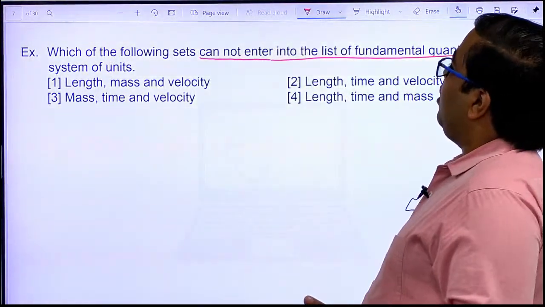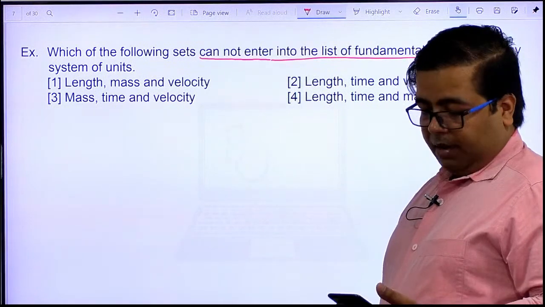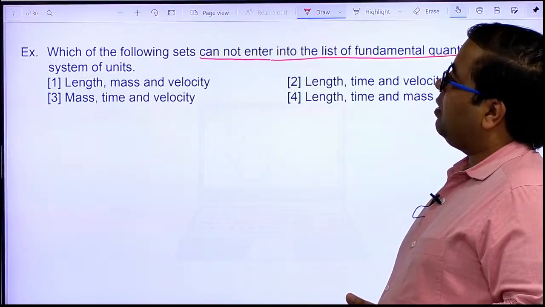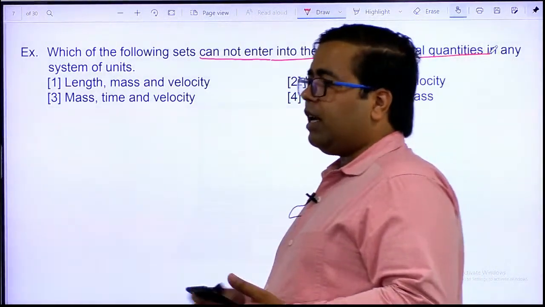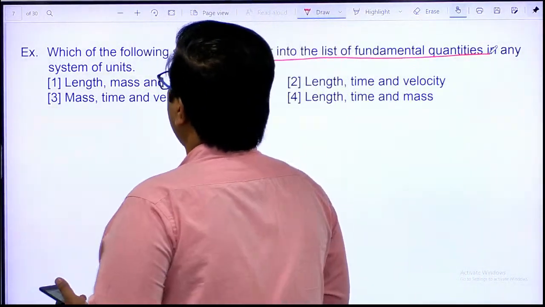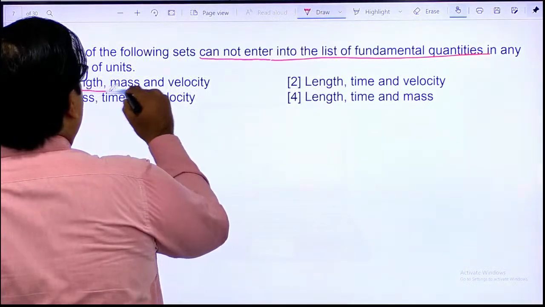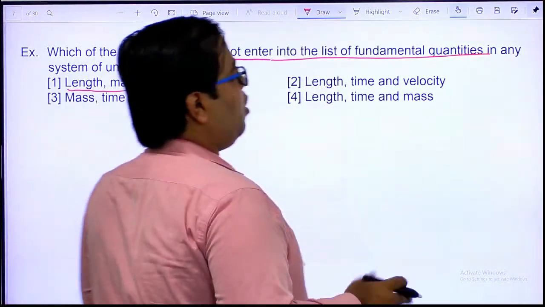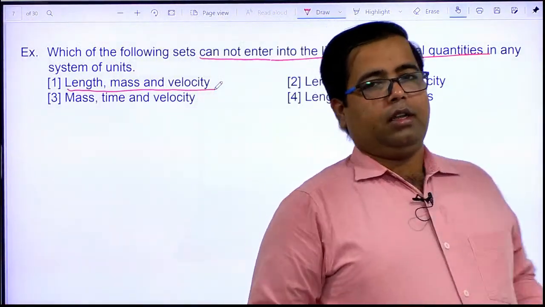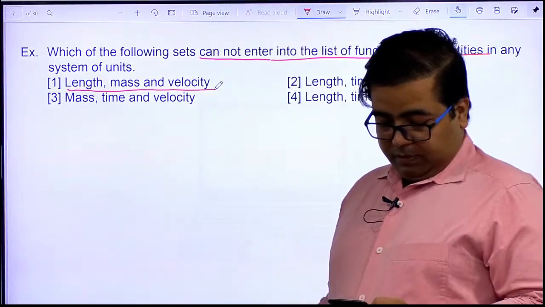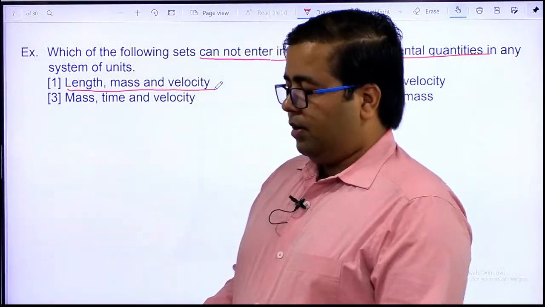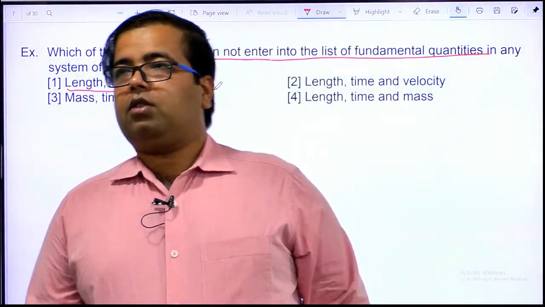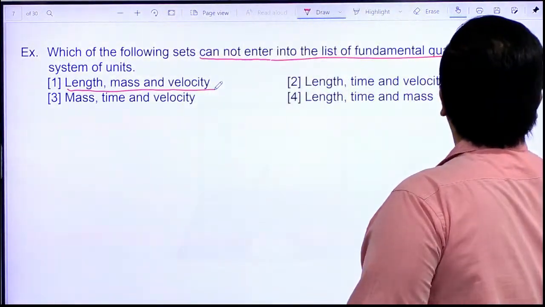Just see, you have to find the set that cannot be fundamental, which means you can derive them from each other. For example, take length, mass and time. That means they are not a dependent set of fundamental quantities.